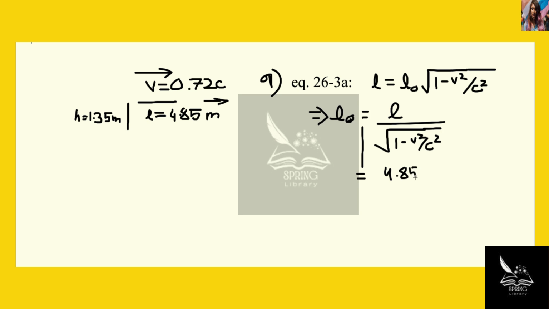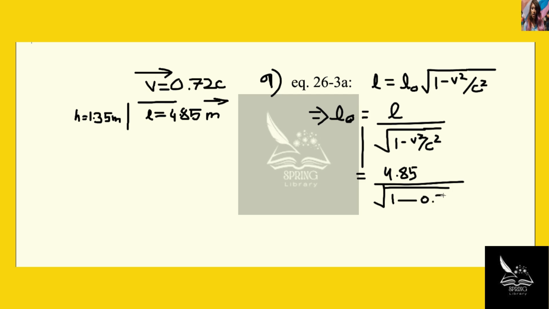Remember, the height is not going to get shorter. Over the square root of 1 minus, notice that v is 0.72 c. So if you take 0.72 squared, you effectively get v squared over c squared.